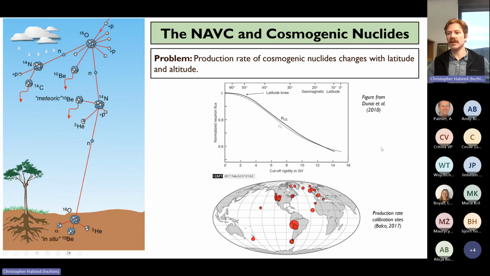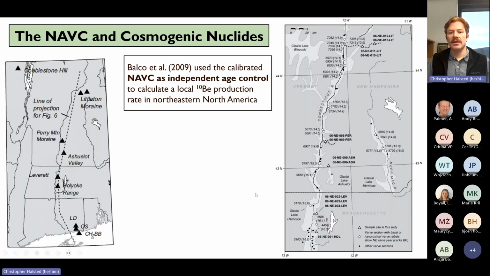And so let's dovetail this all back into our Varve talk, all right? So I bring all this up because the North American Varve Chronology, once it was fully calibrated and confidently set into the calendar timescale, was then used as an independent age control to calculate a local cosmogenic nuclide production rate in northeastern North America.